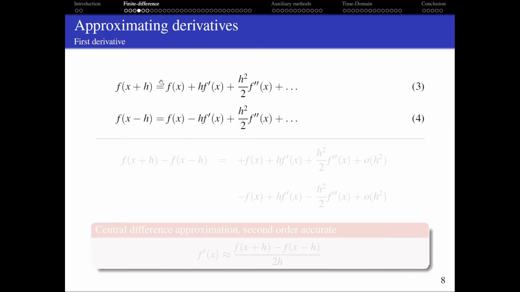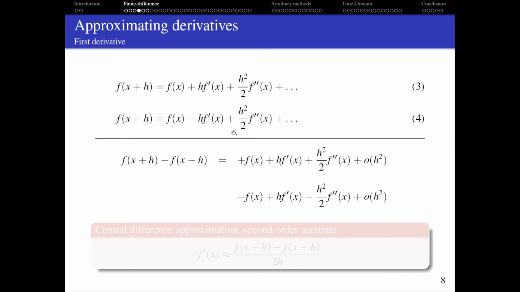Now we have those two equations, and we can manipulate them. So for instance, we can subtract them both, and we see that we will have opposite signs, in this case for even terms of this sum, and we have a residual here that is not of interest.